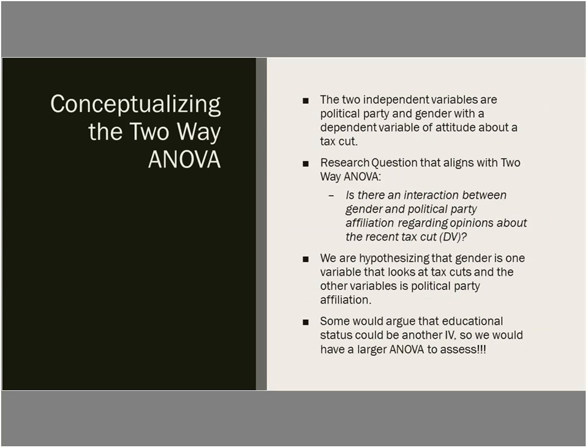So we can conceptualize it. This is from a class assignment that I saw some time ago. There's two independent variables, political party and gender, with a dependent variable of attitude about a tax cut. The research question that aligns with this is: is there an interaction between gender and political party affiliation regarding opinions about the recent tax cut?